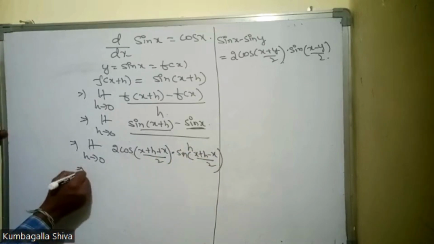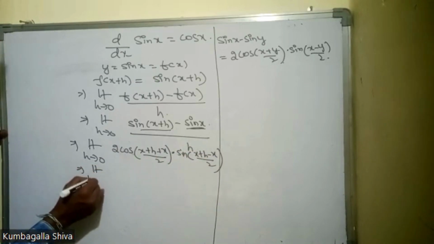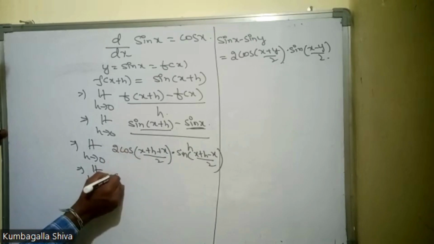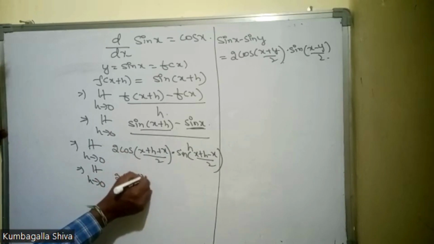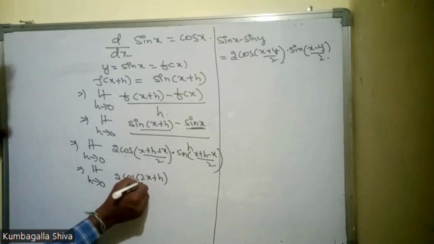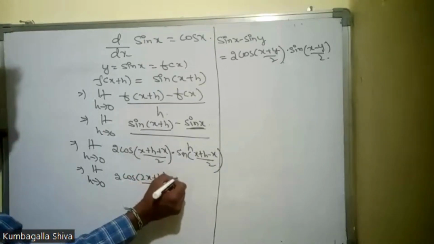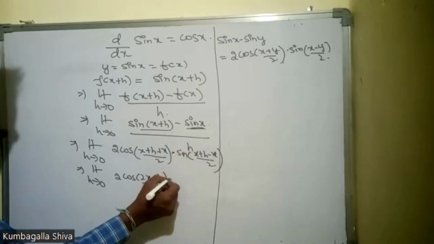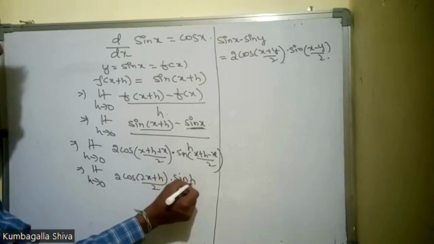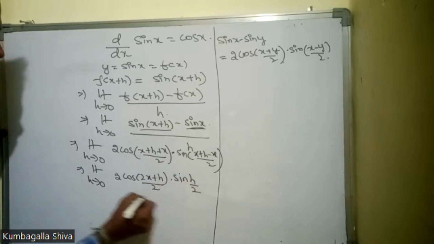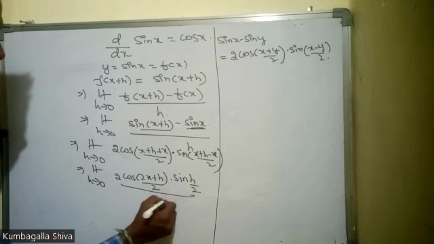You get limit h tends to 0, 2 cos of (2x plus h) by 2 into sin h by 2, by h; x cancels.